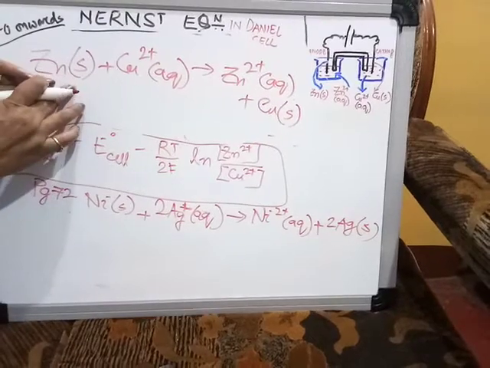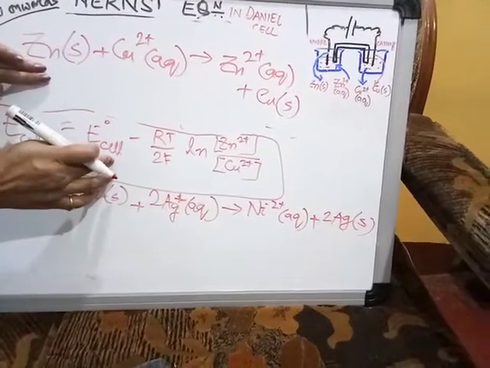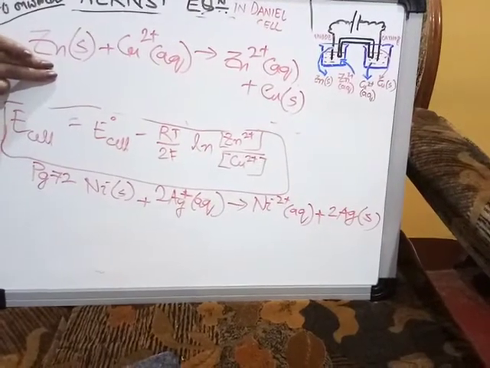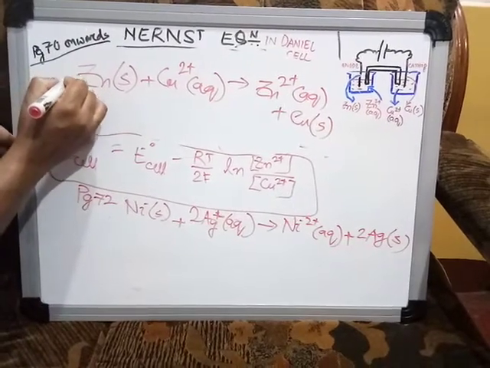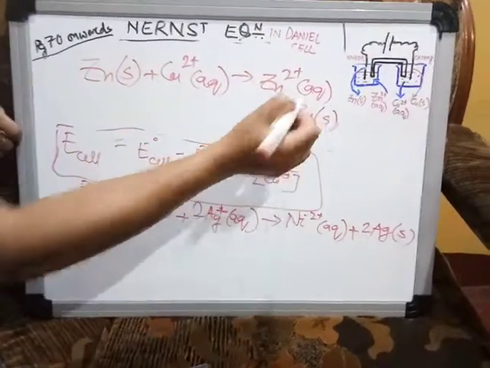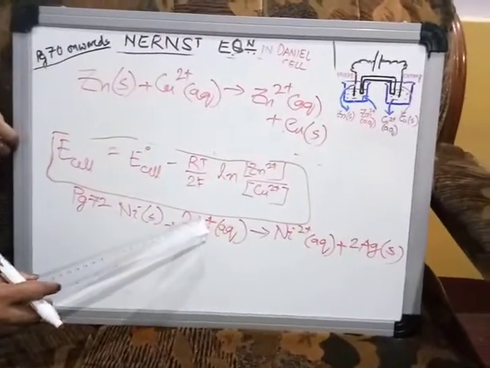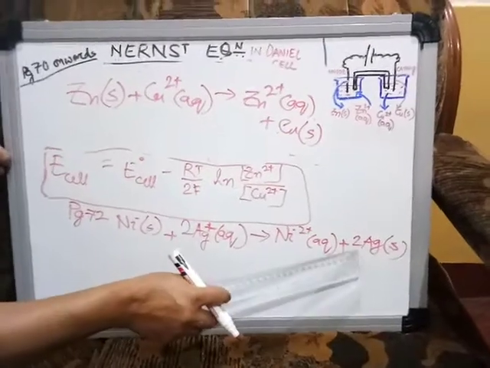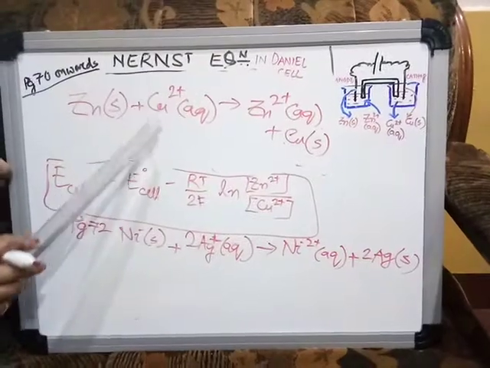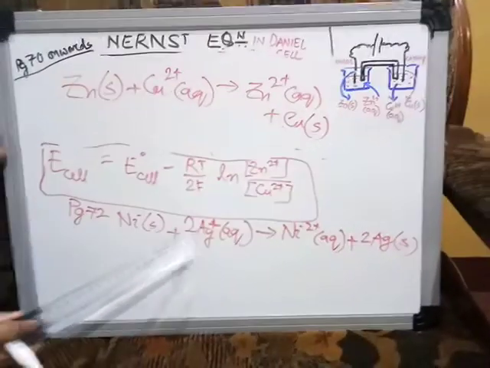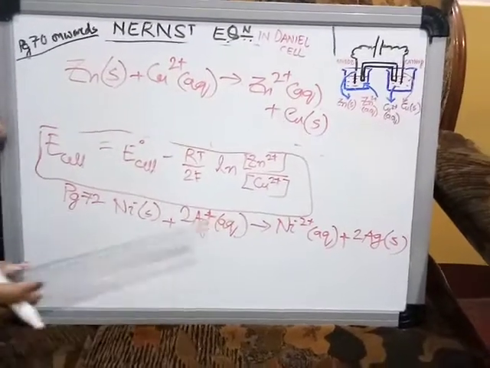So if we want to write the Nernst equation for Daniell cell, after solving we see this is what we get. Now if we want to take a general equation, here you see all the coefficients are 1, 1, 1. Now this equation which I have asked you to see, there is at least one place where you have 2 here and another place where you have 2 out here. So it may not be always that you are getting coefficients 1 like you have in Daniell cell. You may have other coefficients depending on how many electron loss or gain is occurring.